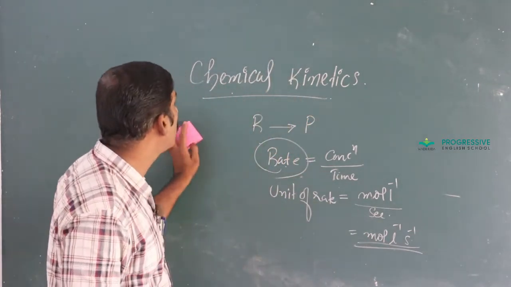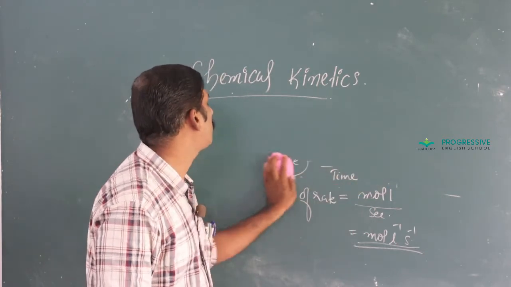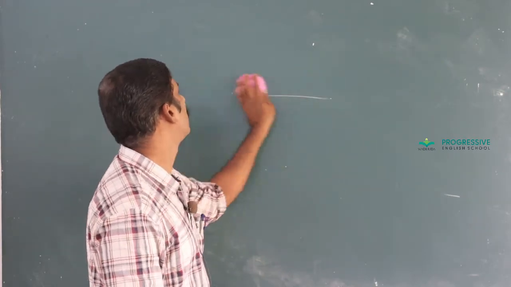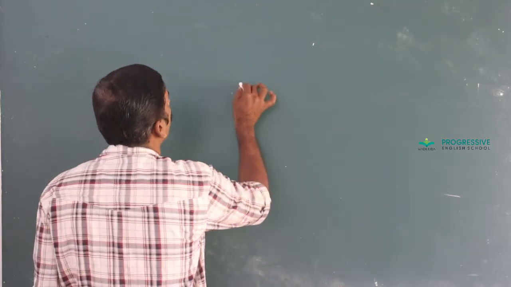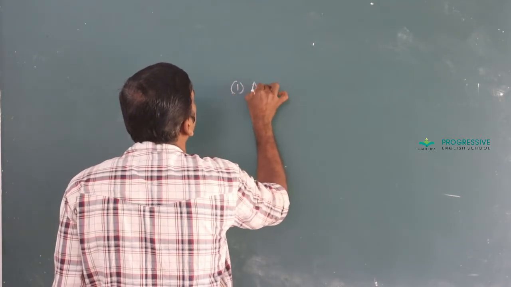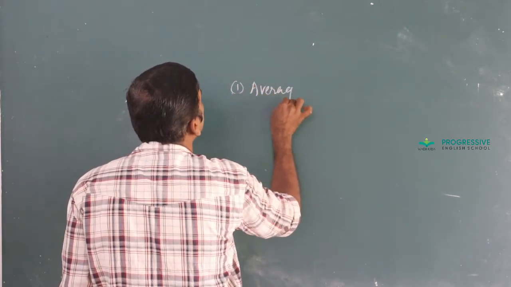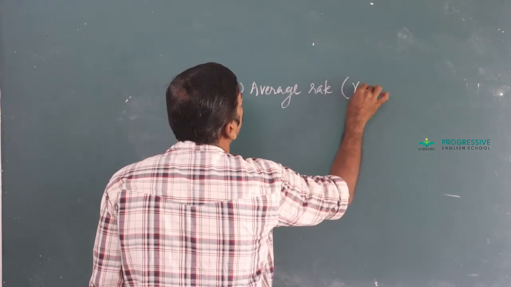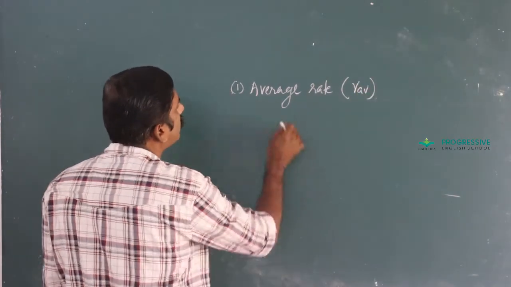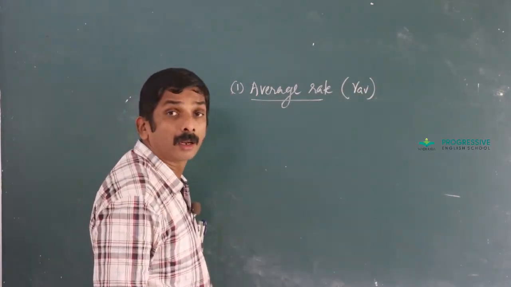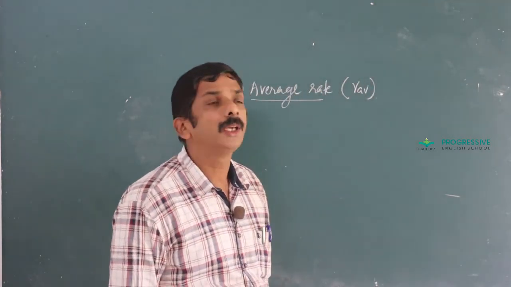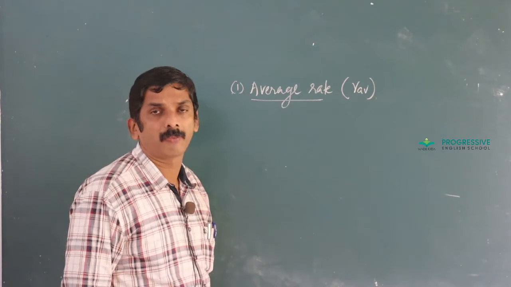Okay. Then there are two types of rate. The rate of a reaction is of two types. One is called average rate.